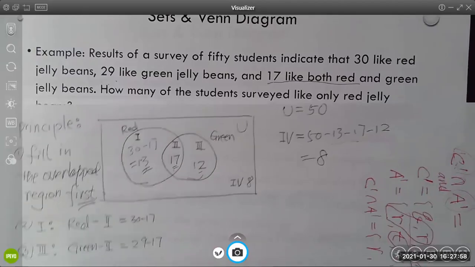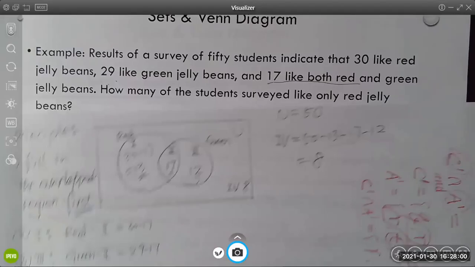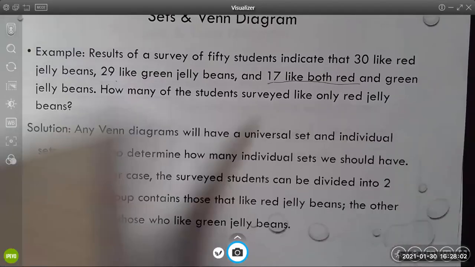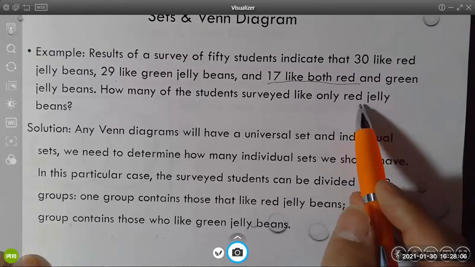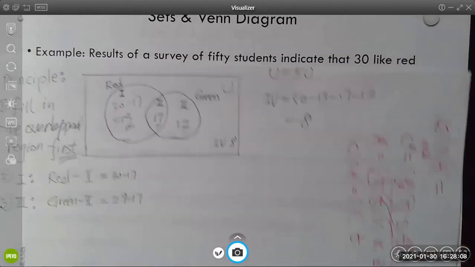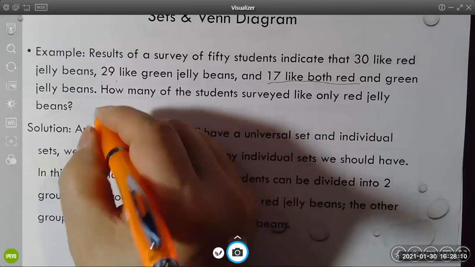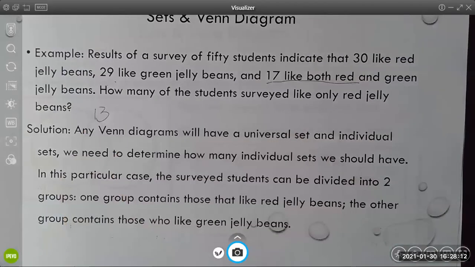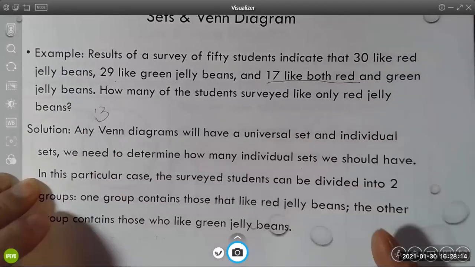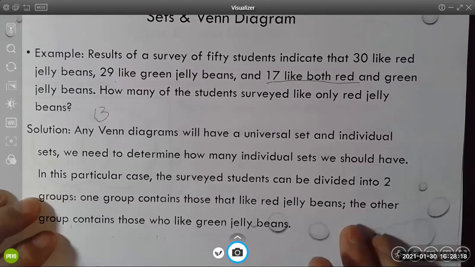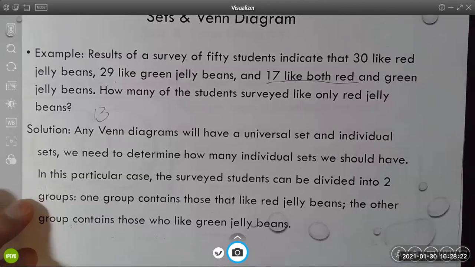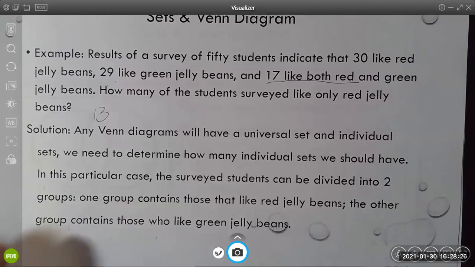So for this one, we already know the answer. They ask how many students only like red beans, and that is 13. So that's the answer. For the next several slides, the explanation is basically about the process of creating a Venn diagram and populating different regions to answer questions. Since I already did that, let's move on to the next example.